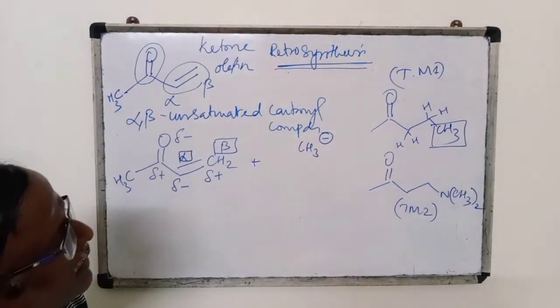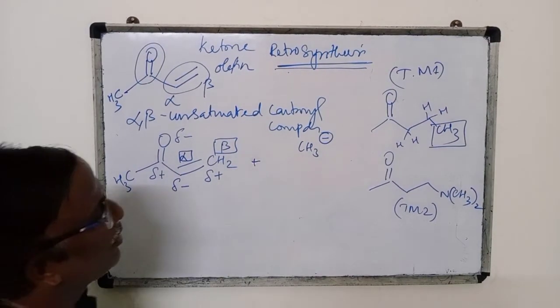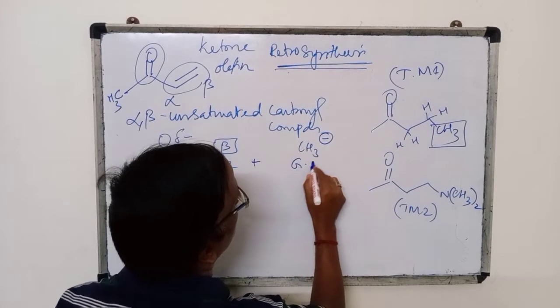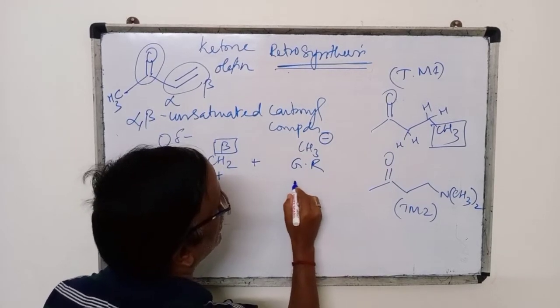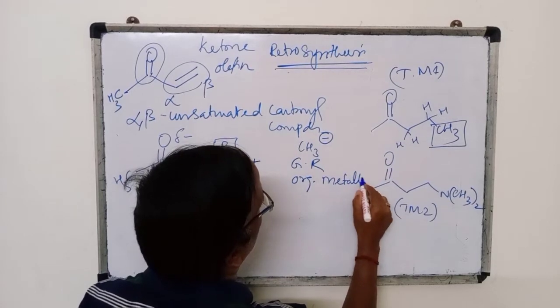As we already discussed, one can go for a Grignard reagent, or you can also go for organometallic compounds.